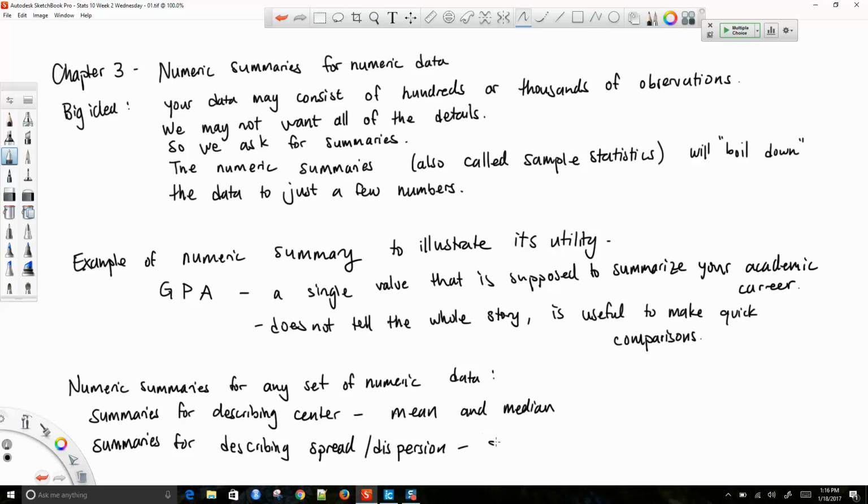And that would be the standard deviation / variance, okay, and the IQR, which stands for interquartile range. And these will give us a sense of the center of our set of data and the spread or dispersion of our data.